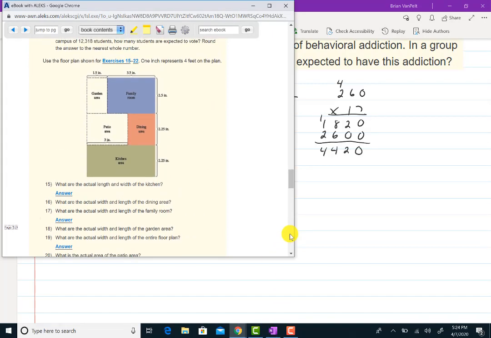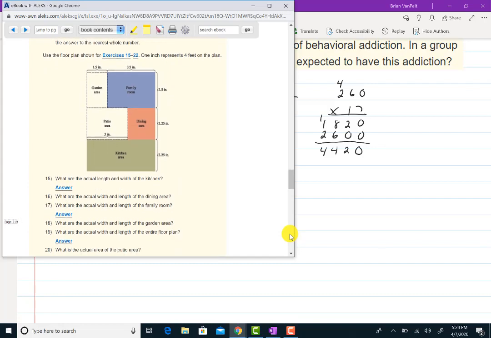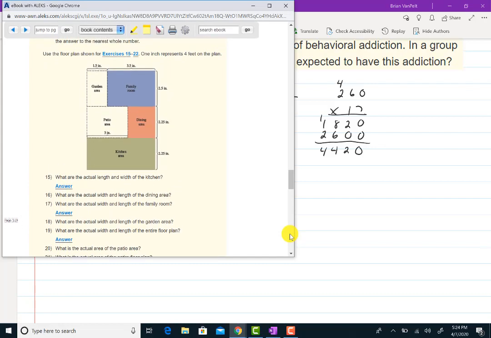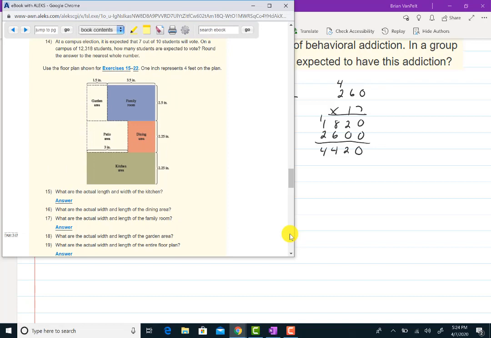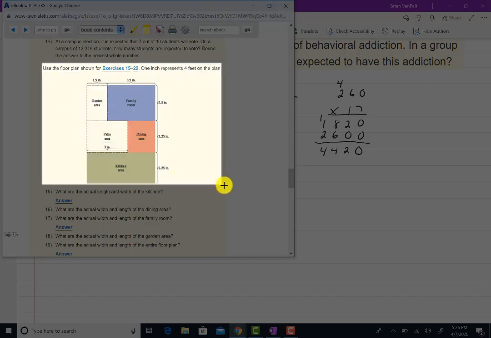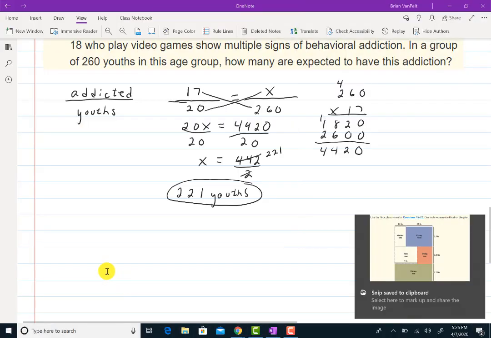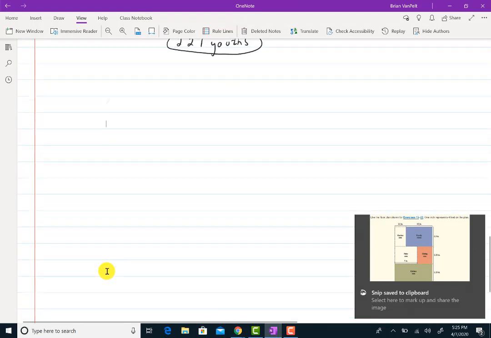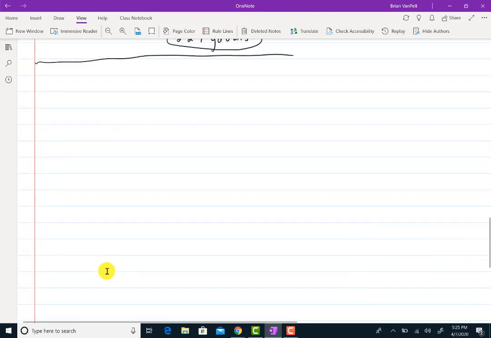For this one here, I think I just want to do number 16, but let me grab the picture first of all. This tells us the key to the measurements.